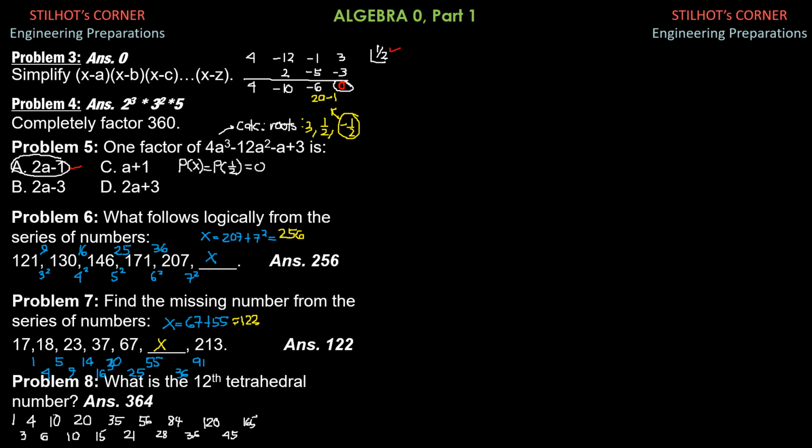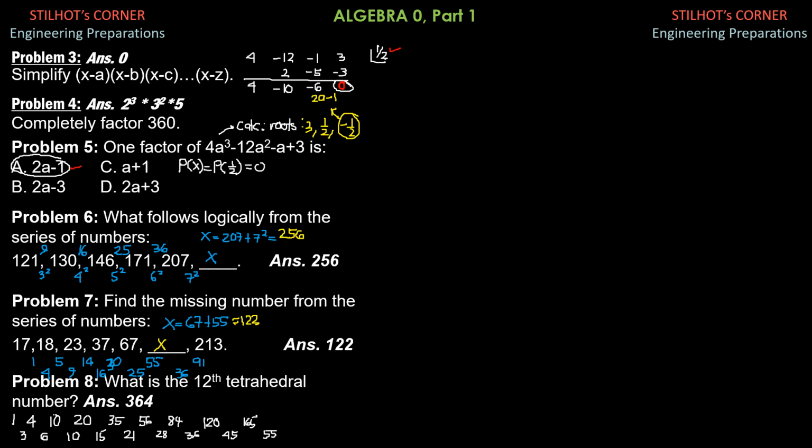This is 2, 3, 4, 5, 6, 7, 8, 9. The 9th tetrahedral number. Then this is 45. After 45 is 55.